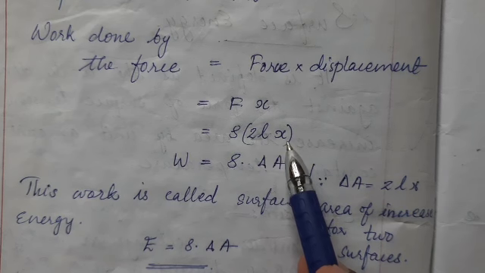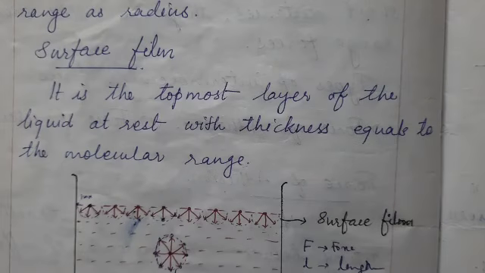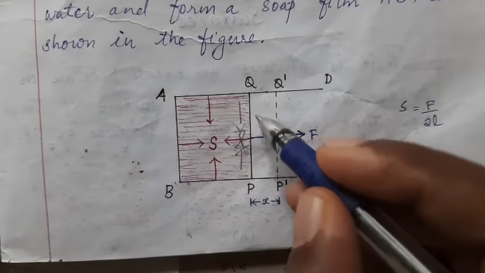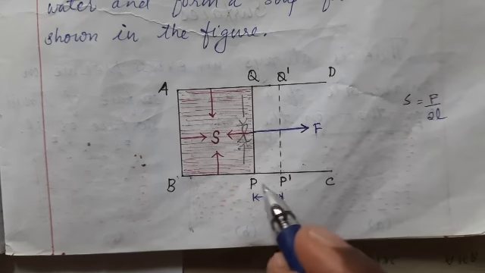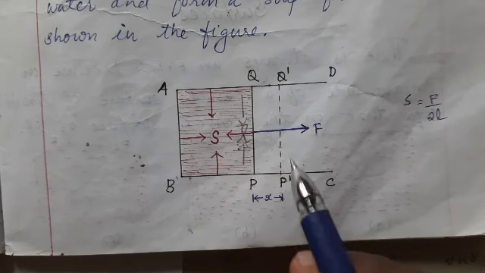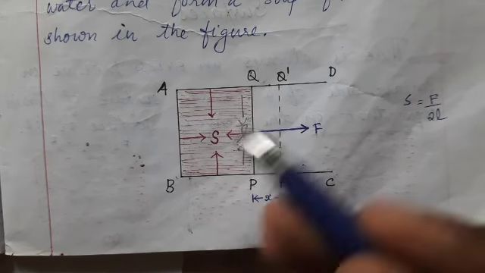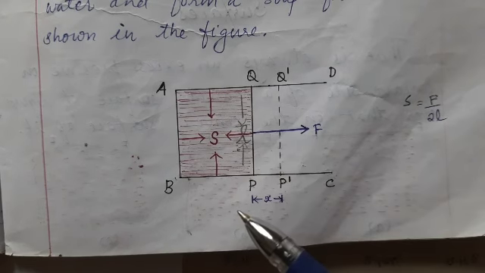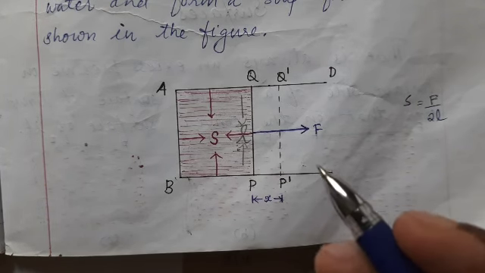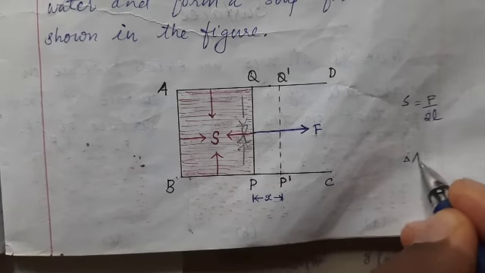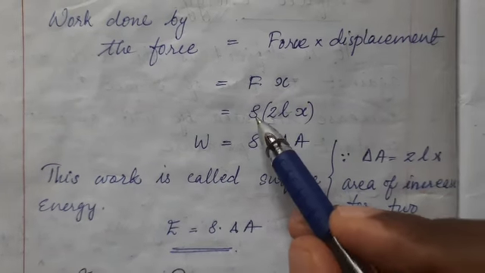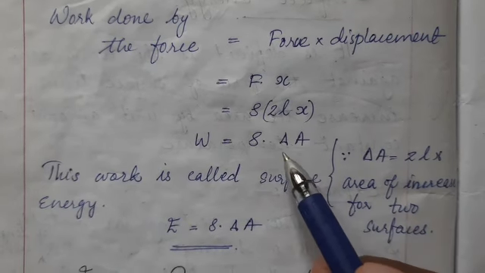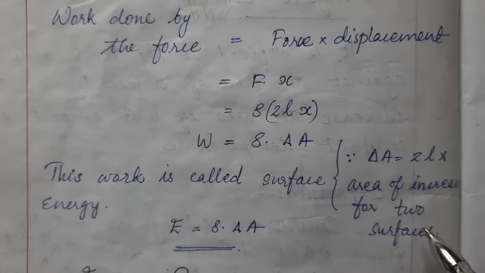L is the length of this wire, x is the distance moved, so L into x is the area. The other side, the back side, also moves, so 2Lx is the increase in area, that is delta A.